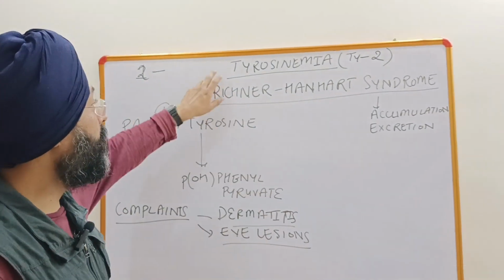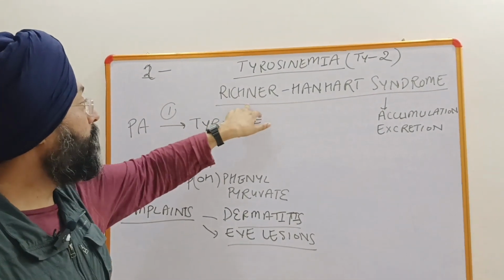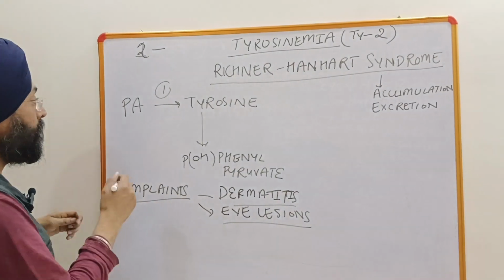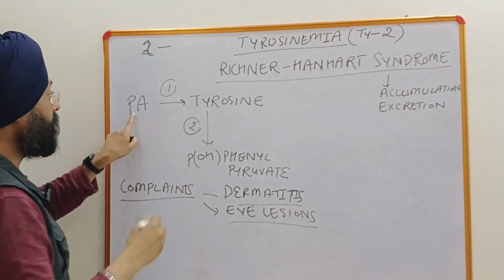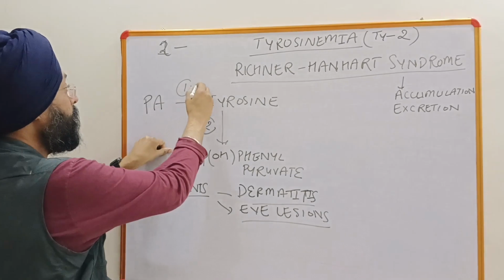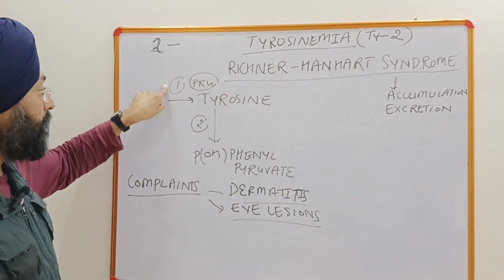Now coming on to the second disorder that is known as tyrosinemia type 2, right? It is also known as Richner-Hanhart syndrome, right? The defective enzyme is here. The first step was phenylalanine to tyrosine. The defect was PKU, right? Due to the defective enzyme phenylalanine hydroxylase.